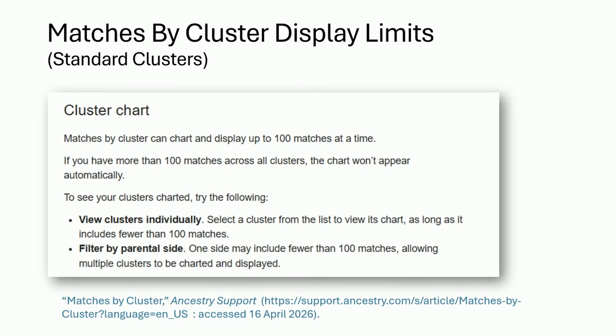And this is specifically talking about the standard clusters. If you're looking at the custom clusters, it might be a little different. In fact, usually I don't see the chart view at the top, even when I have less than 100 matches in the matches by cluster. So it just kind of depends, but what you can see are each of the clusters individually, which is still helpful.